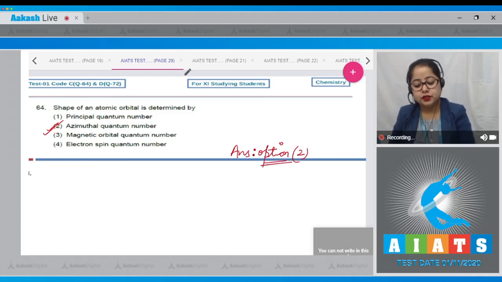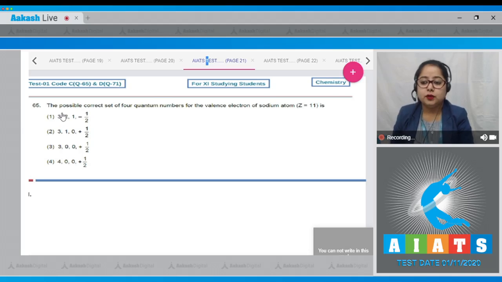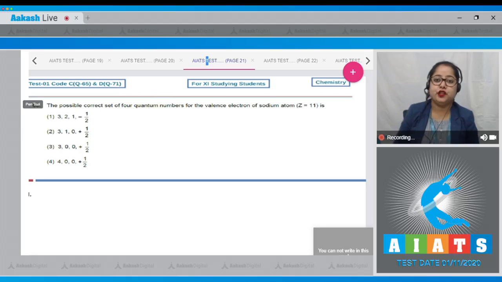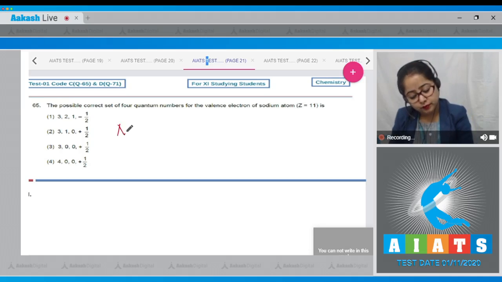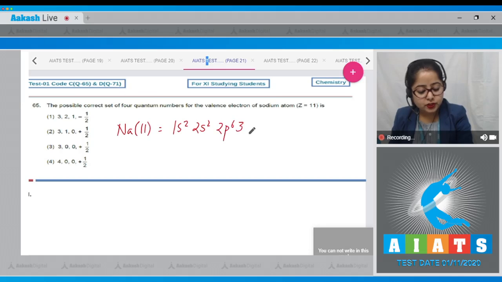Moving to next question, which is question number 65. Let's read the question. The possible correct set of 4 quantum numbers for the valence electron of sodium atom is. So student, first of all, I'm writing the electronic configuration of sodium. Sodium has atomic number 11. Electronic configuration is 1s2, 2s2, 2p6 and 3s1. This is the valence shell.